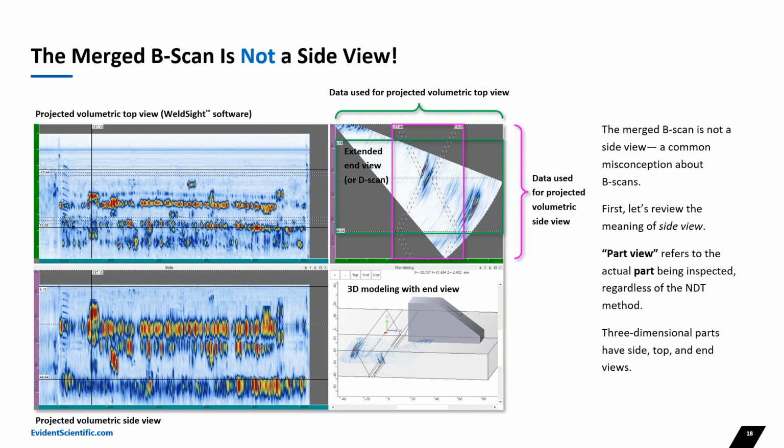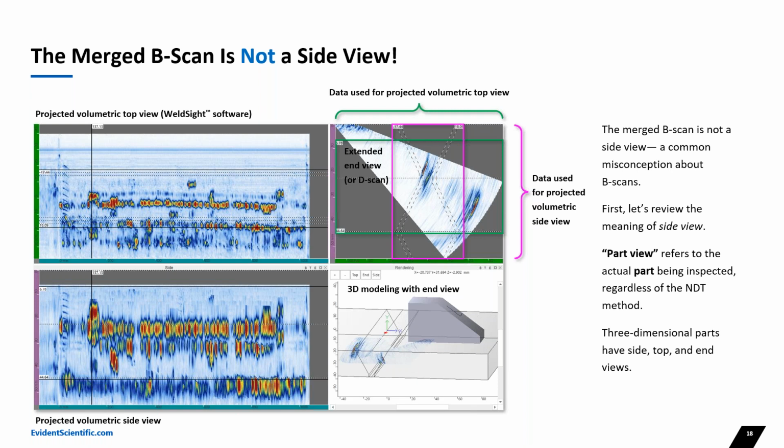So our evident weld site software actually displays side views and top views. This is a screenshot from weld site with the 3D modeling there. And top views and side views, or even end views, are what I refer to as part views.